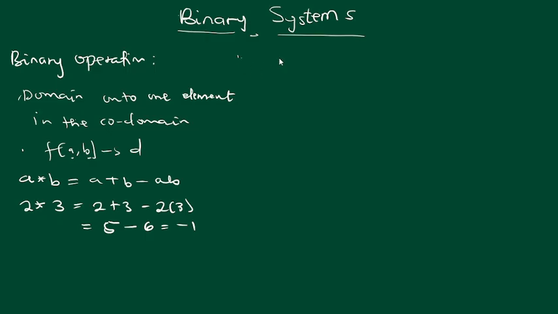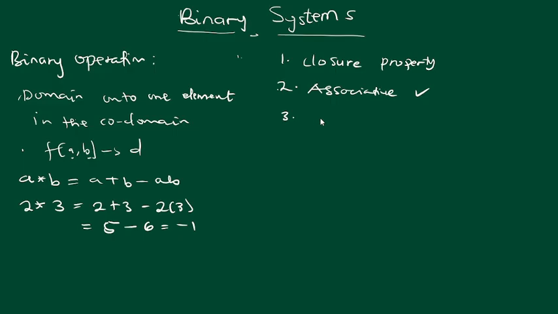The first one we are going to talk about under this system is the closure property. The second one is the associative property.